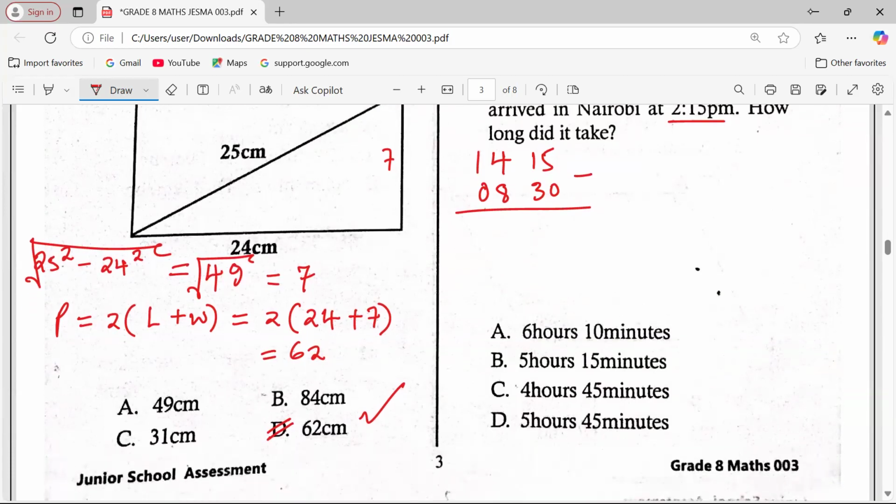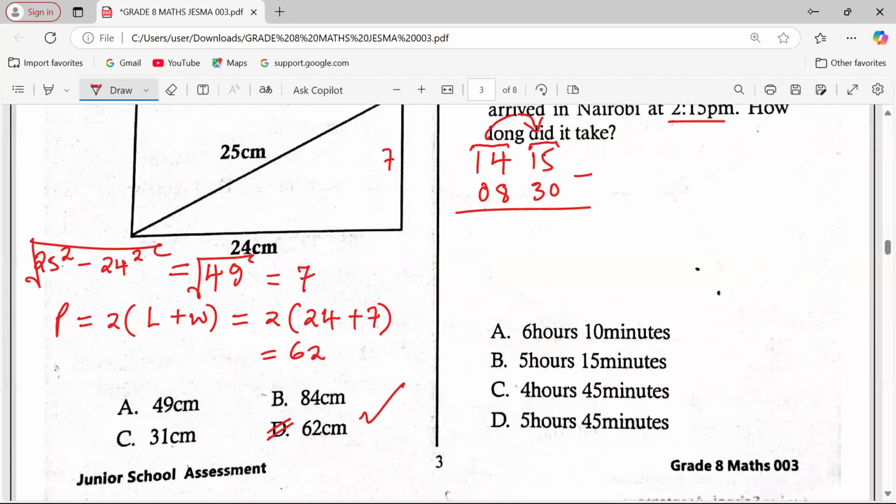So 15 minutes minus 30 minutes, that one is not possible. So we have to carry 1 hour from 14 hours. Remember this side, the first 2 digits are hours, the other 2 are minutes. We can't subtract 30 from 15 minutes, so we carry 1 hour from 14. The 1 hour is having 60 minutes, so it will be 60 plus 15.